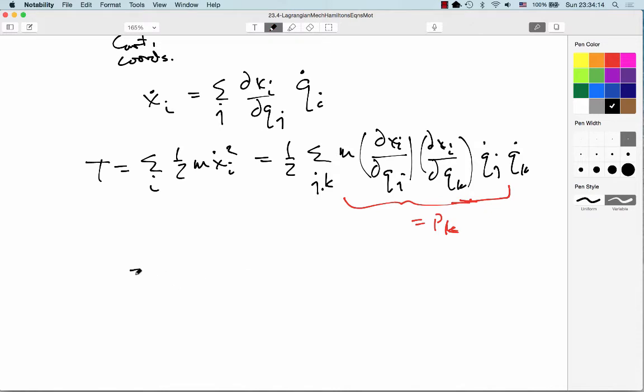Alright, so we get that the kinetic energy is 1/2 sum over i of p_i q_i dot.